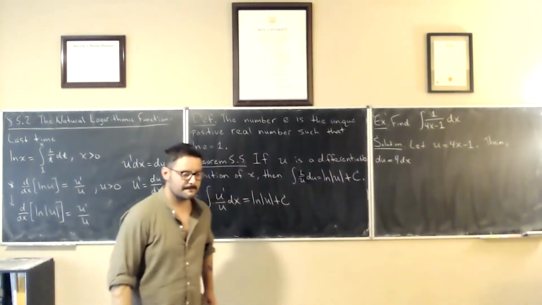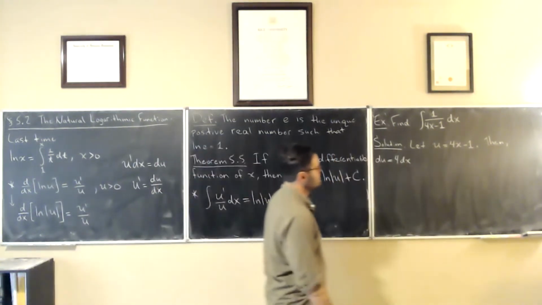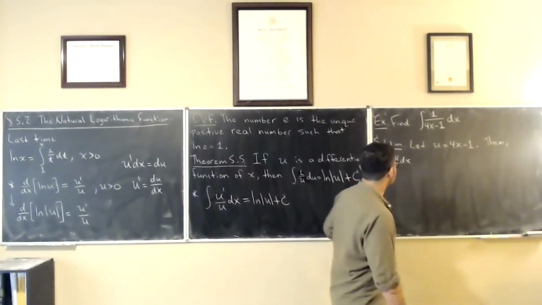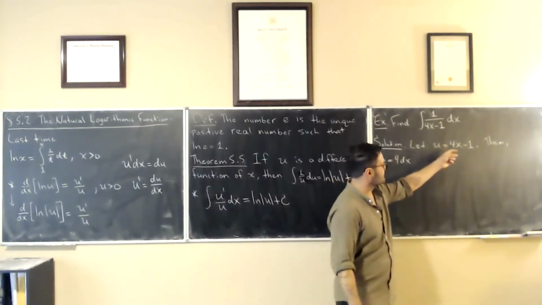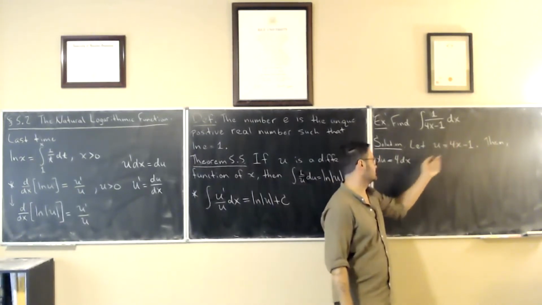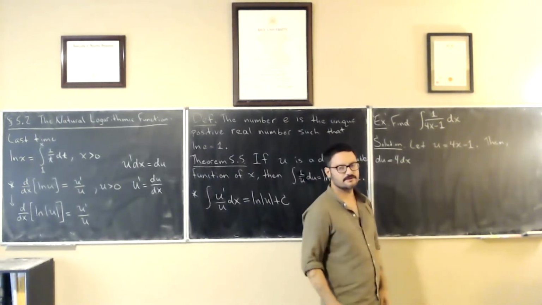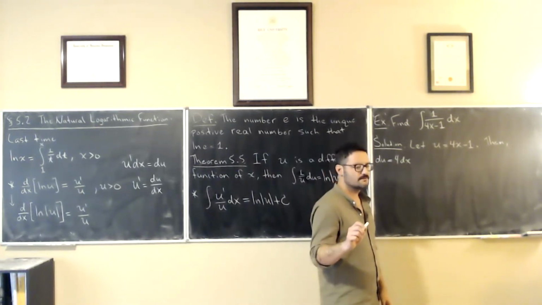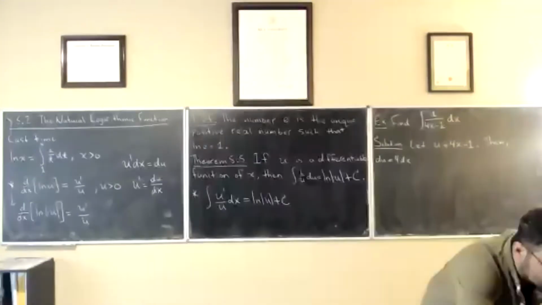Take the derivative with respect to x on this side, just have 4, right? So then du is equal to 4 dx. Are we clear on that?